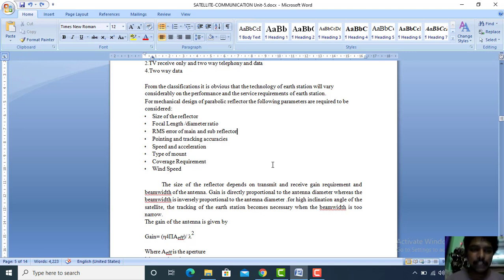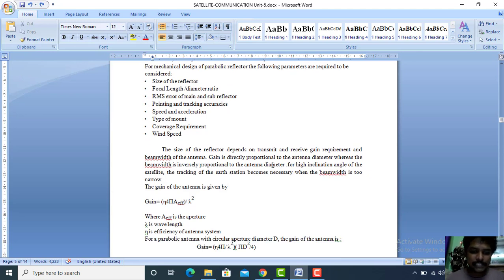Whether it is able to cover some spatial area, either in the meters range or kilometers range. And we will see how much the antenna is able to tolerate wind speed variation, that is, the climatic conditions. So those things come into the picture.